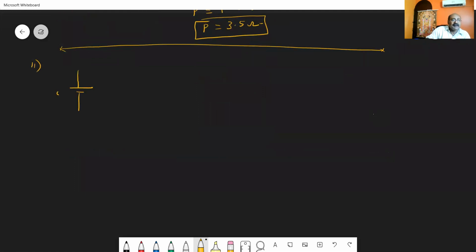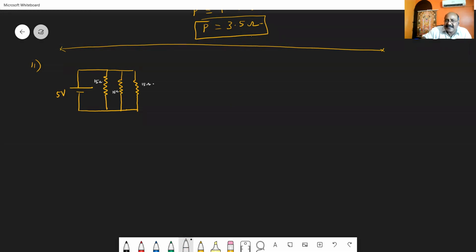To this battery, 3 resistors are connected as shown in the figure. All 3 resistors are 15 ohms each: one 15 ohm, another 15 ohm, and another 15 ohm.